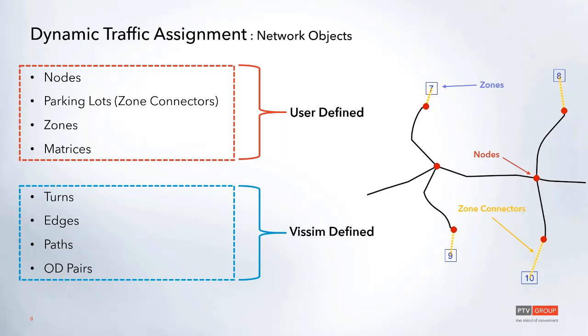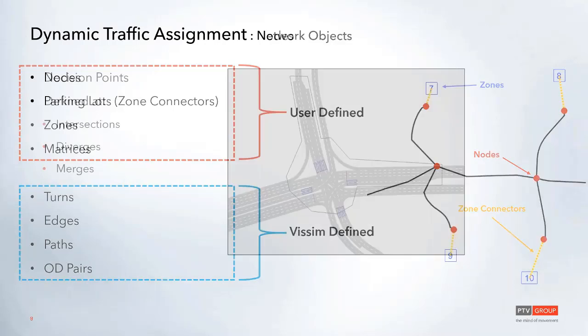And then those edges will all get grouped together to form the actual path that vehicles will take between the origins and destinations. And finally, Vissim will also define OD pairs, which are really just groups of the origin and destination zones. For example, origin zone 7 will be grouped with destination zones 8, 9, and 10.